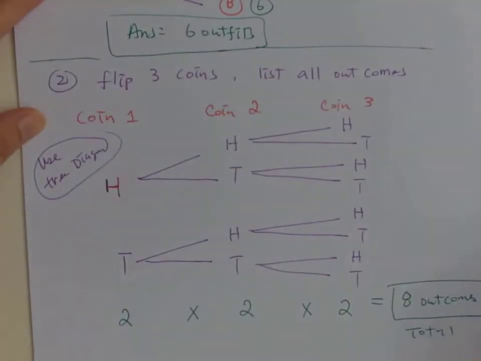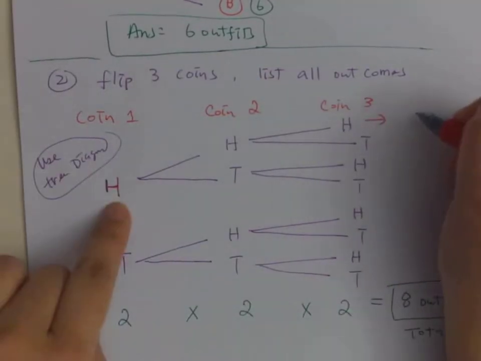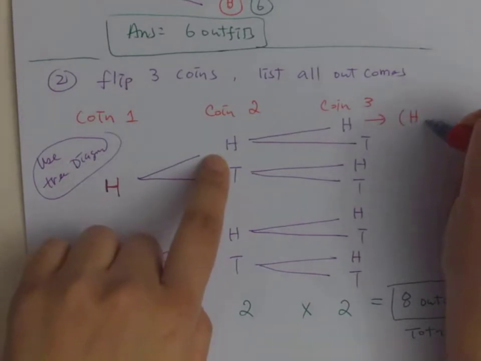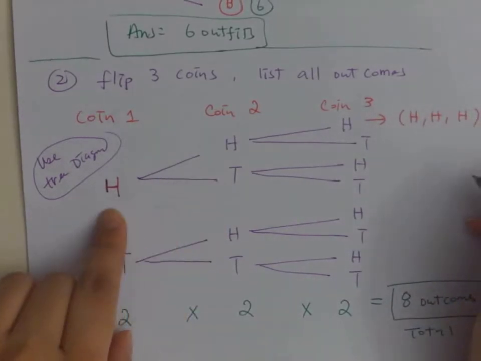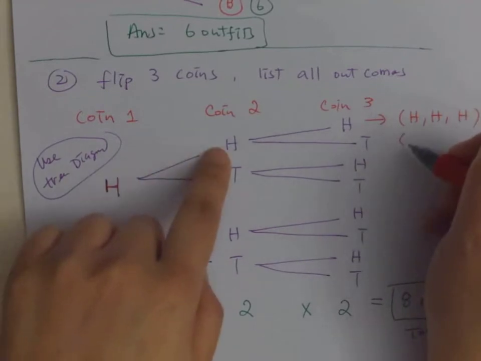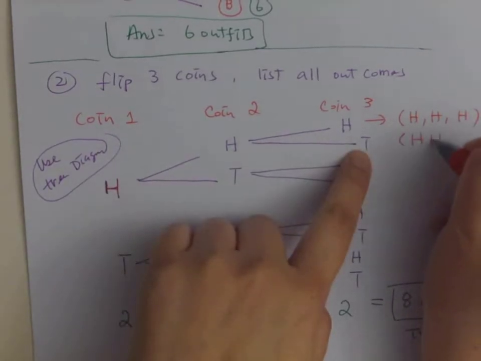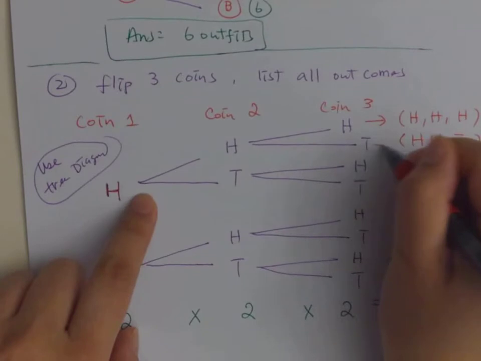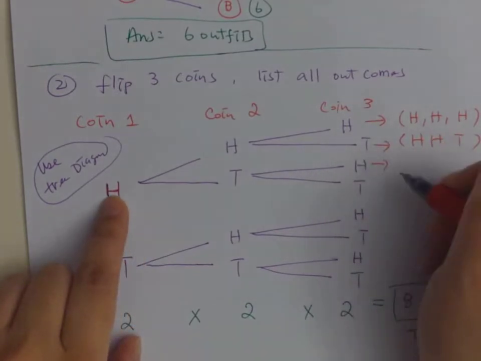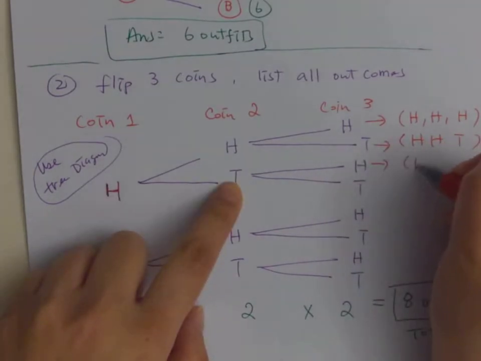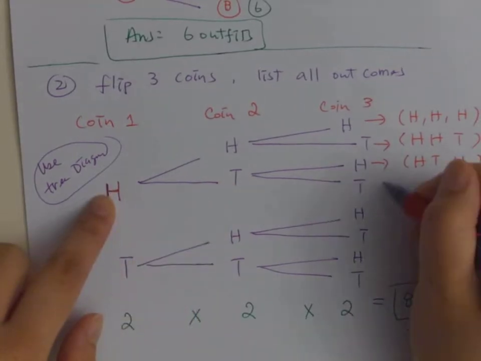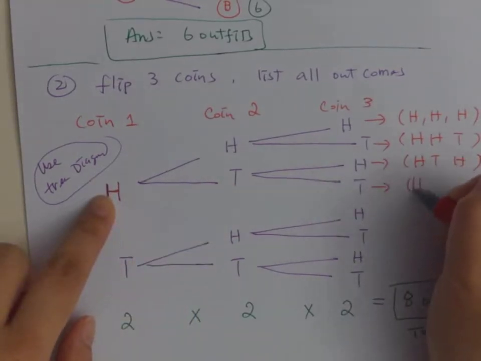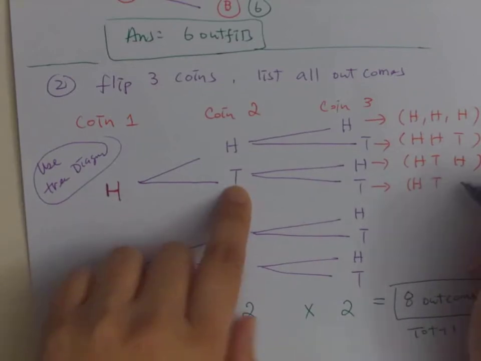If I really want to list them, the first one would be head, head, head. The second would be head, head, tail, then head, tail, head, and head, tail, tail.